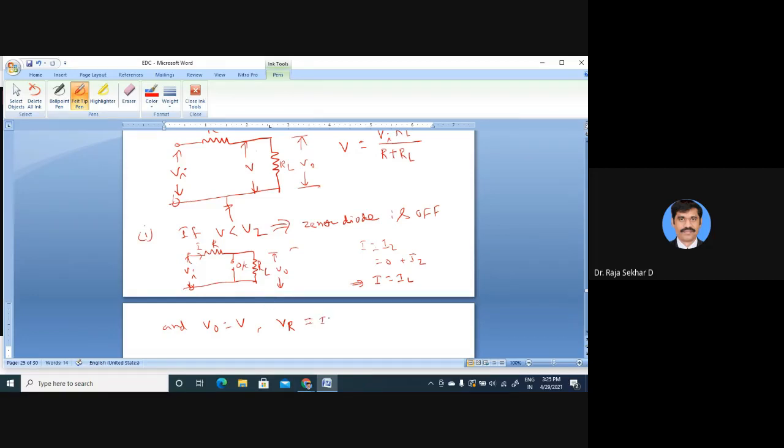I. So you can write this as I into R. Or, this voltage is equal to this voltage minus this voltage, so Vi minus V. So I is equal to VR by R, that is Vi minus V divided by R.